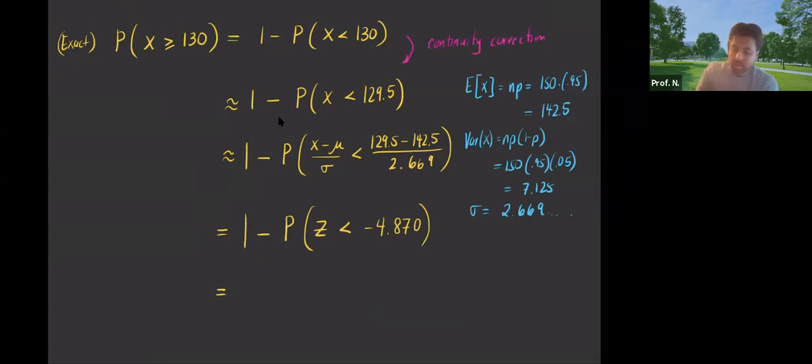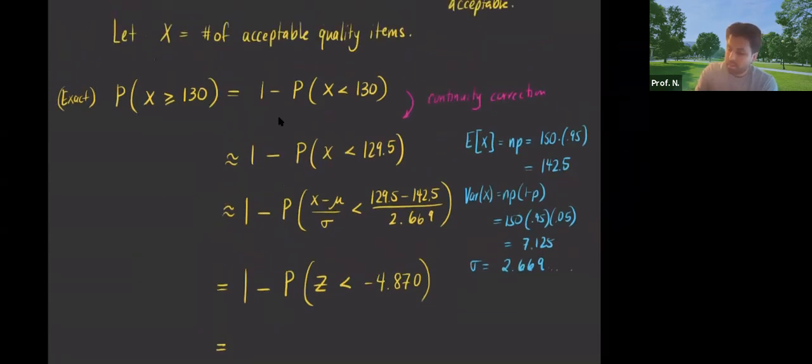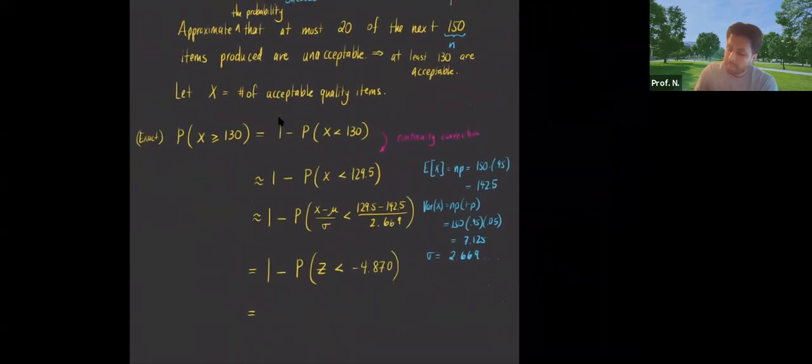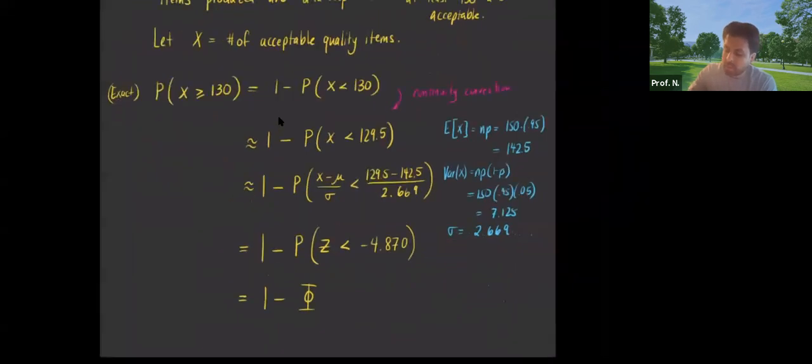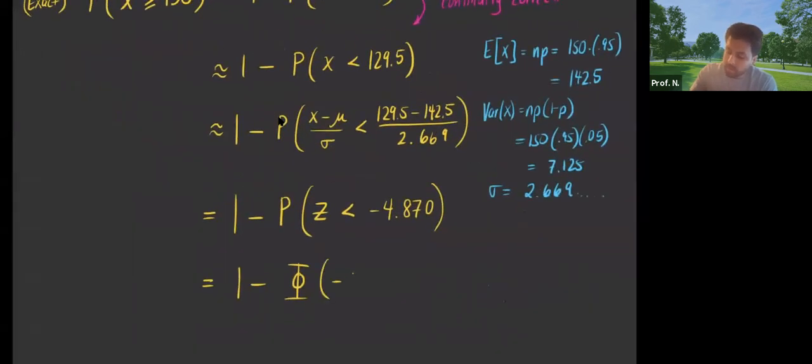And then from here, this is the cumulative distribution function for the standard normal random variable. So now this is standard normal.